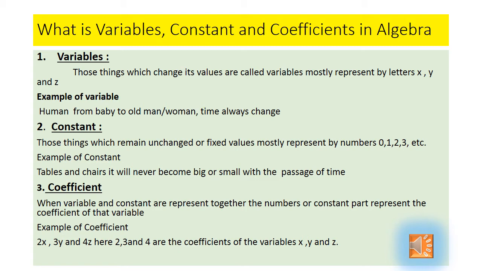Constants are those things which remain unchanged, or have a fixed value, mostly represented by numbers. 0, 1, 2, 3, and so on are examples of constants. More visible examples of constants are a table or a chair. They will never become big or small with the passage of time.